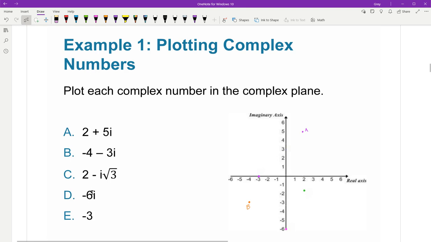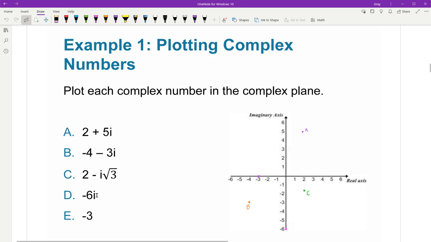C is 2 minus i square root of 3. So I'm going to the right 2 and then down the square root of 3. Well, the square root of 3 is about 1.732. And that makes that point C. Now, these two, don't get confused, but negative 6i, that's like 0 minus 6i.